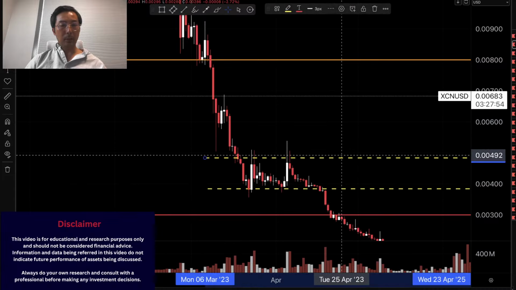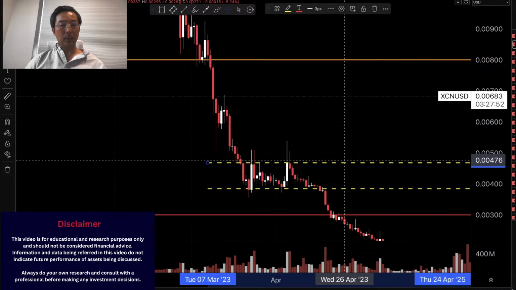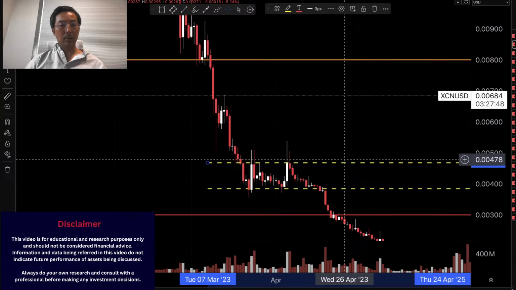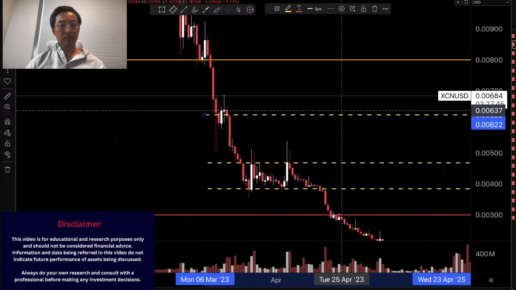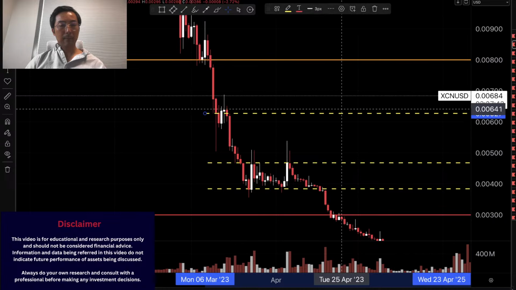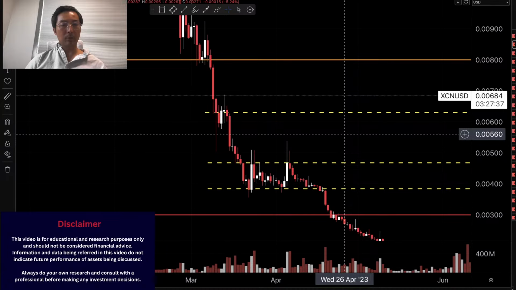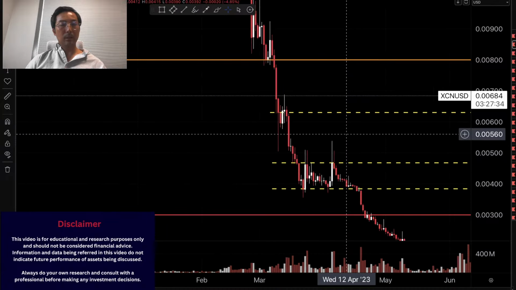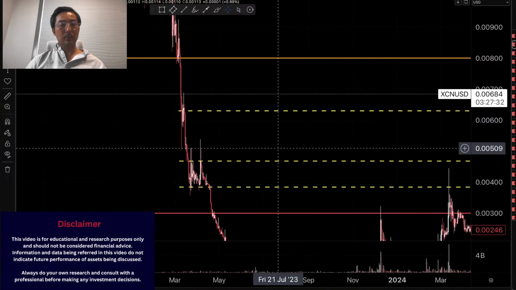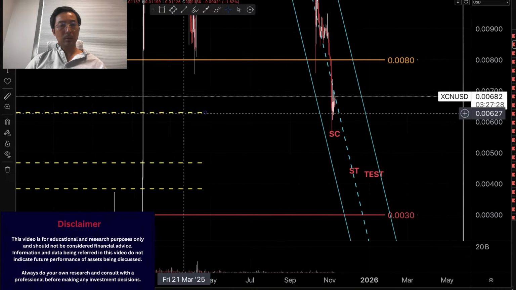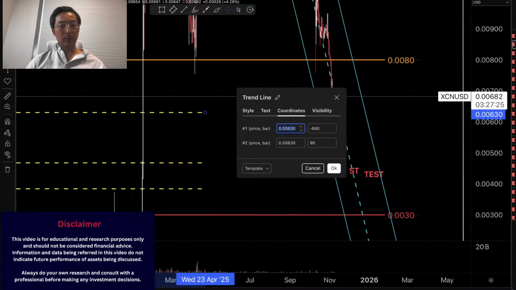I'm going to copy this, put another line here, and another line here. Those are our potential support locations for Onyx. So let's get to the right hand side now. $100 isn't enough, so let's do 200.